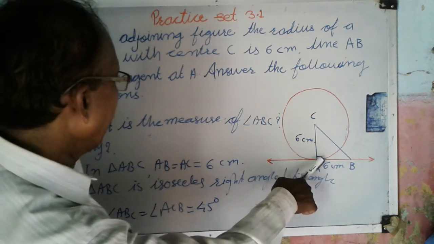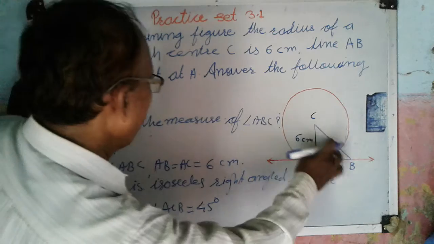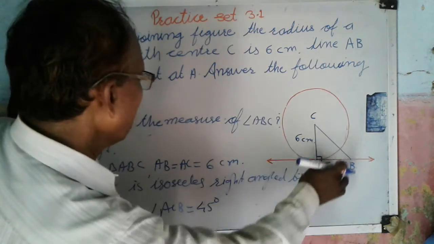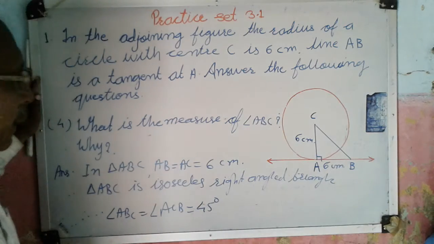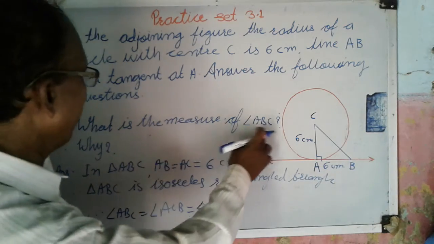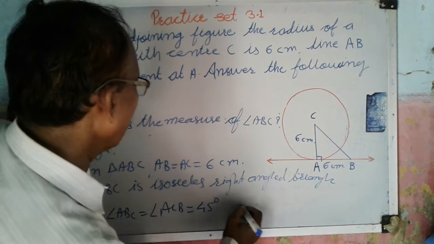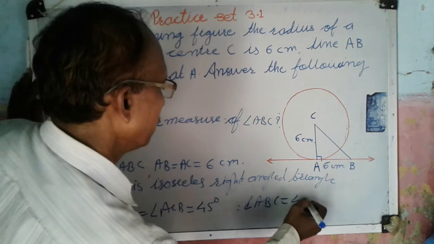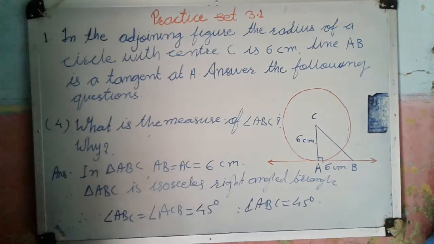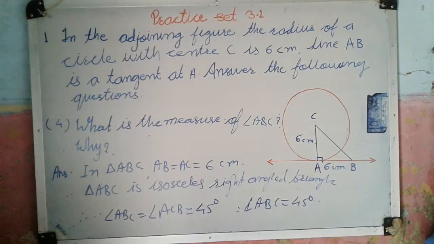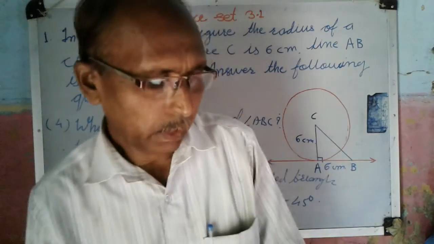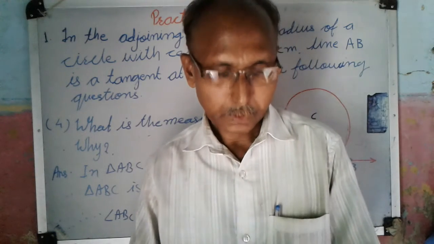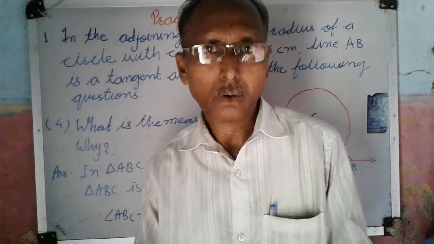Because angle A is of 90 degree, the sum of remaining two angles is 90 degree, and each angle is congruent, so half of 90 is 45 degree. Therefore, angle ABC is equal to 45 degree. So, in this way, using tangent theorem, we can solve remaining examples of this practice set 3.1.